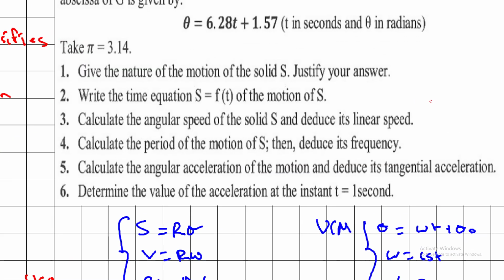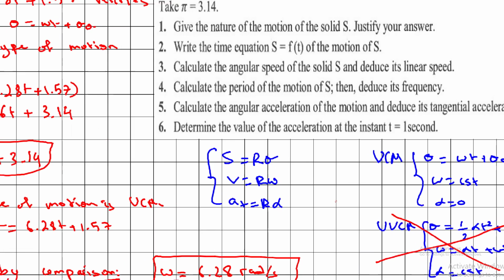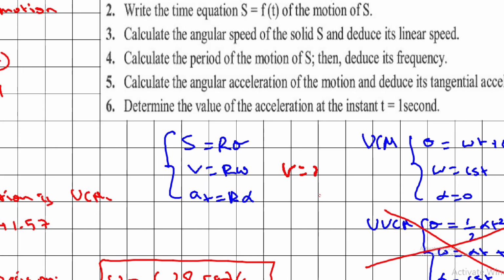And in the same part, they are telling me to deduce its linear speed, which corresponds to v. So v is given by the square root of vx squared plus vy squared. We don't know the x component and the y component.